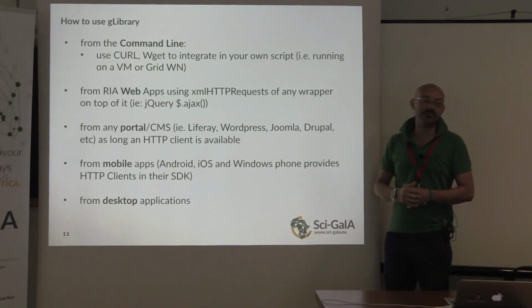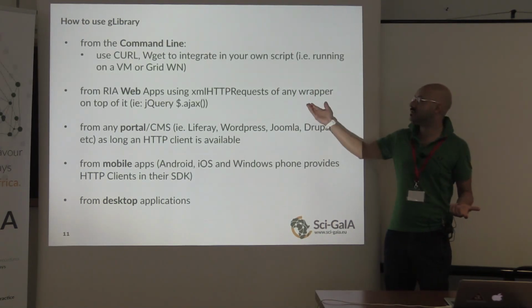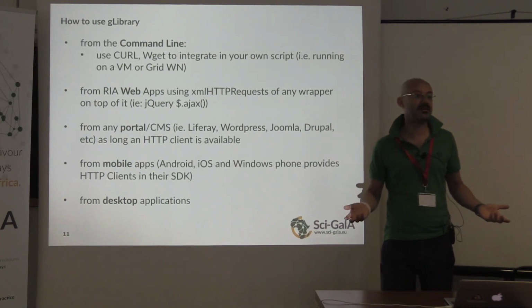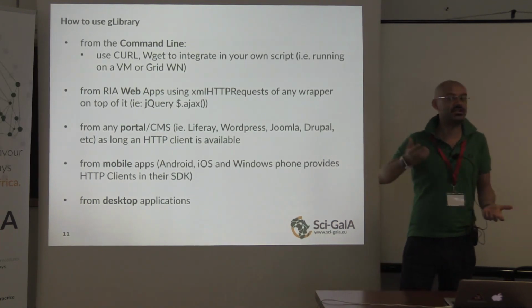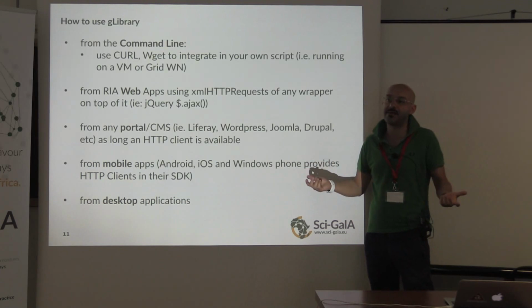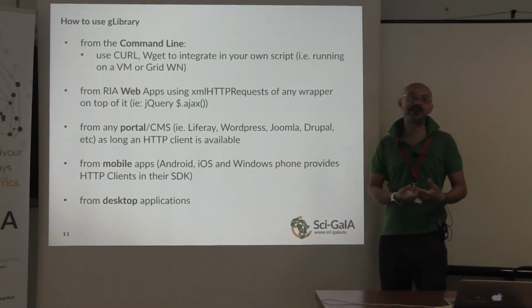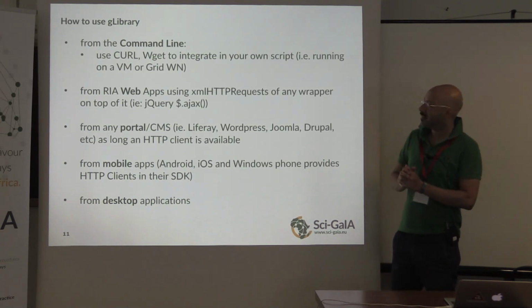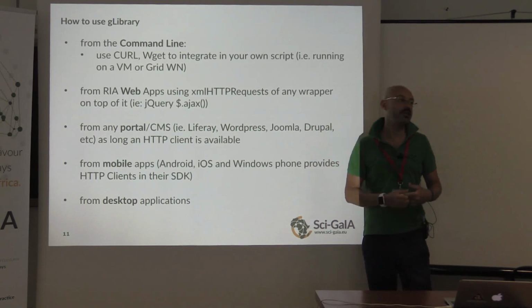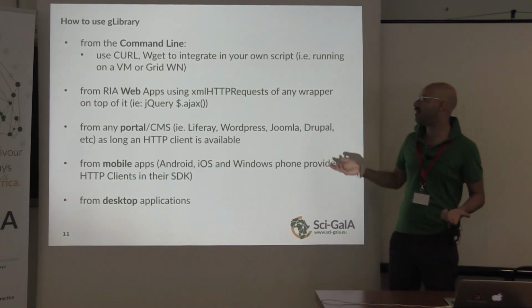If you want to integrate in a web application, use the XMLHttpRequest or some wrapper of it, like jQuery Ajax or any JavaScript library that is able to make Ajax calls. You can integrate in any portal, Liferay, WordPress.